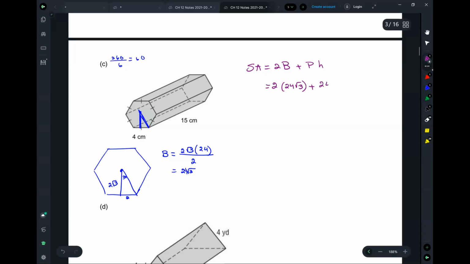It's 24 times, if this is the base and that's the base, the distance in between is 15. Okay? So if you wanted this in exact form, it would be 48 root 3 plus 360, or 443.14 centimeters squared.